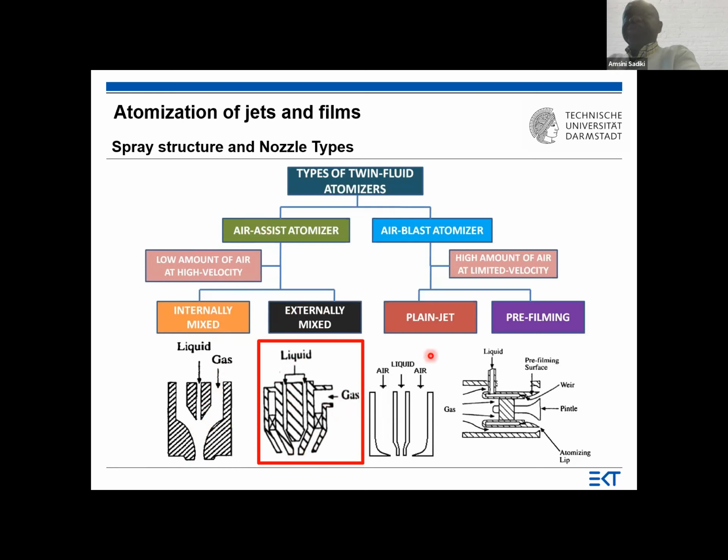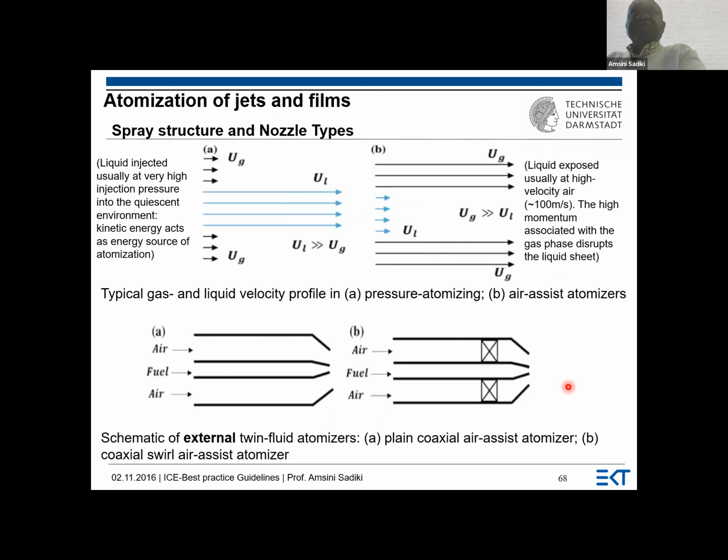We have almost the same here. In the air blast atomizer, we have the plane jet. They mix at this point, and the premix, the pre-filming, we will see now. We have a liquid and the gas, and here we have a building of a pre-filming surface, and then they decompose into small droplets.